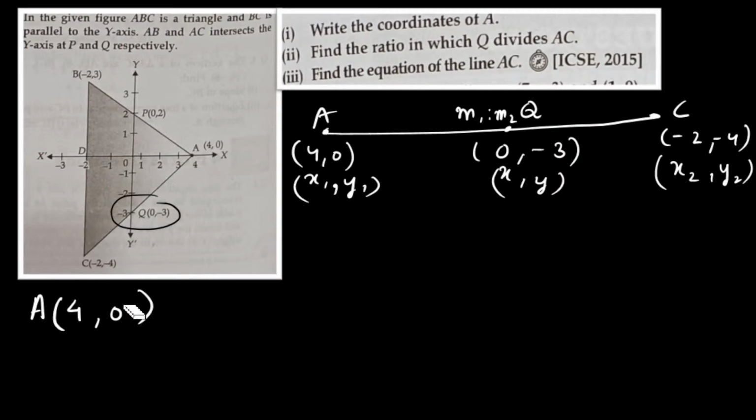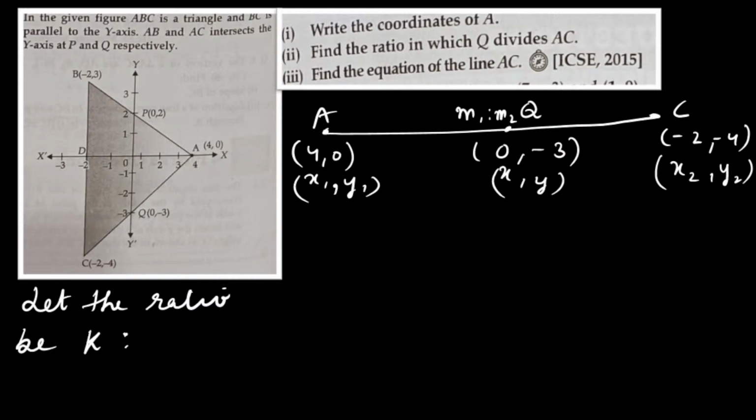Normally whenever we have to find a ratio, we can let the ratio be k is to 1. So that means m1 is k and m2 is 1.